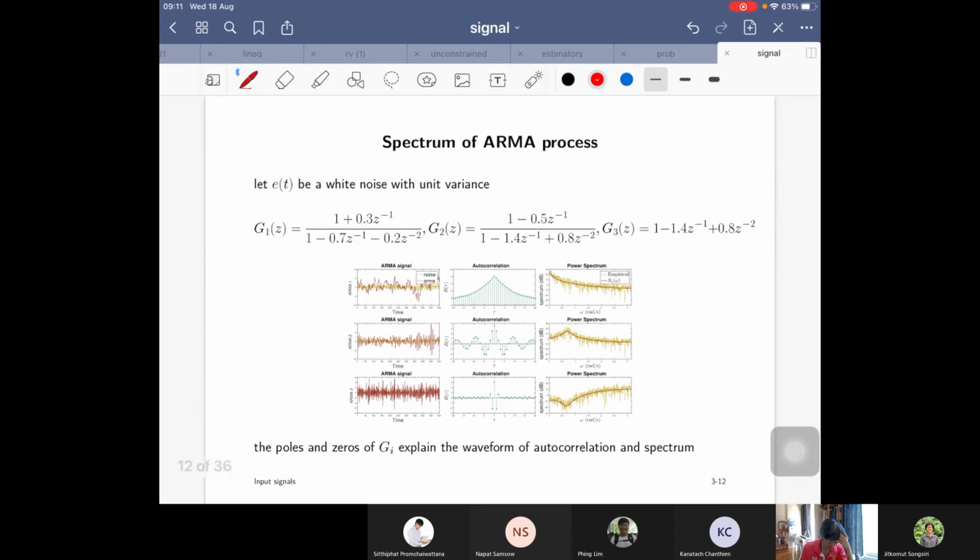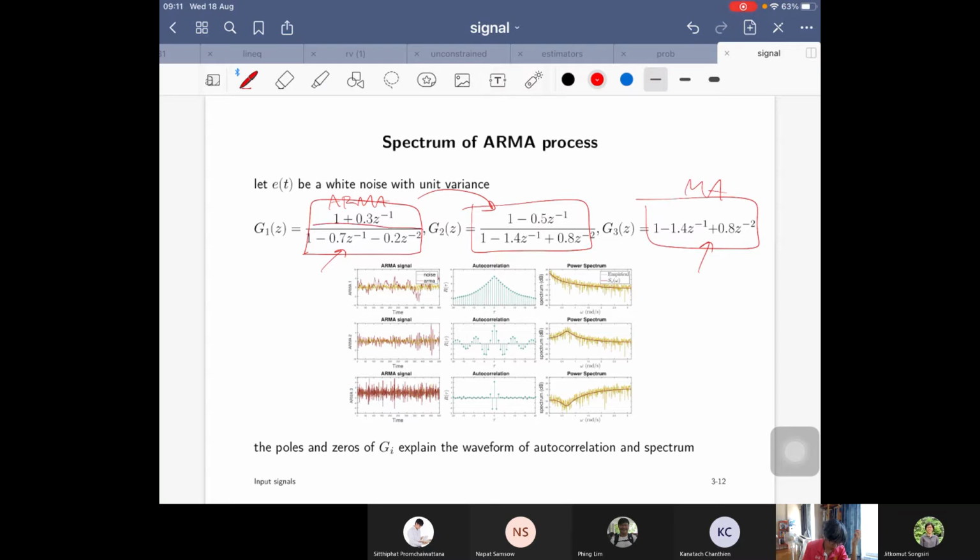Okay. So here in these three examples, this is the transfer function of the ARMA process. This is, of course, ARMA. You have both the autoregressive part and the moving average part, but G3 contains only the moving average part. Okay, what do we see?